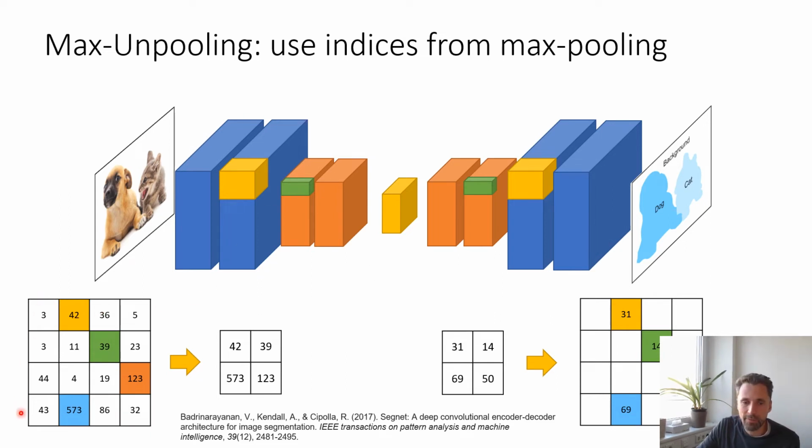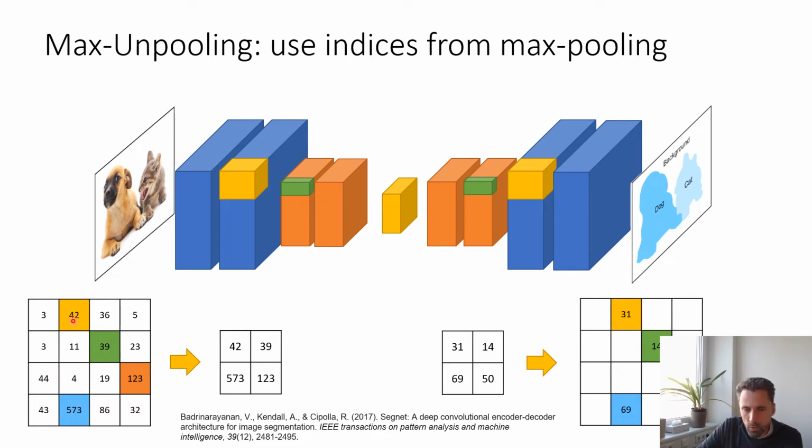So, for example, if we have a 4x4 matrix with these given numbers, and we use a 2x2 window, then for this 2x2 block here, 42 is the maximum, and we write it down here. And for this block, for non-overlapping blocks, we then look at these four values, take the 39, write it down here, and all these different blocks are processed the same way.